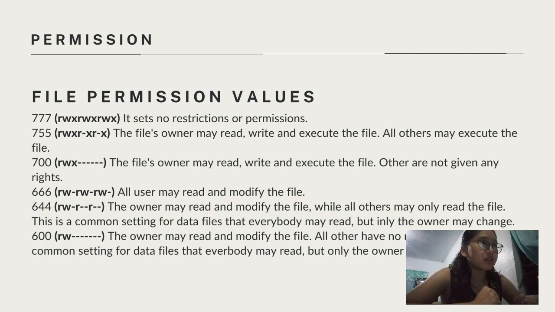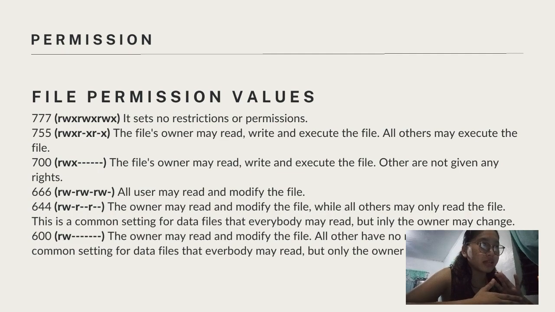Okay, let's tackle each digit. Each digit can have a value ranging from 0 to 7, where 0 indicates no permission. That means no read, write, nor execute access. 1 indicates execute permission only. 2 indicates write permission only. 3 indicates write and execute permission. 4 indicates read permission only.